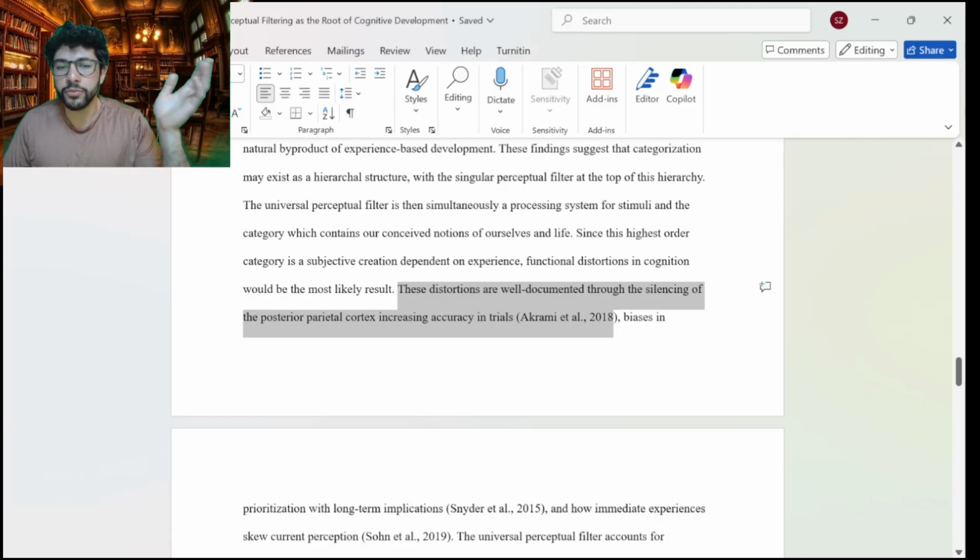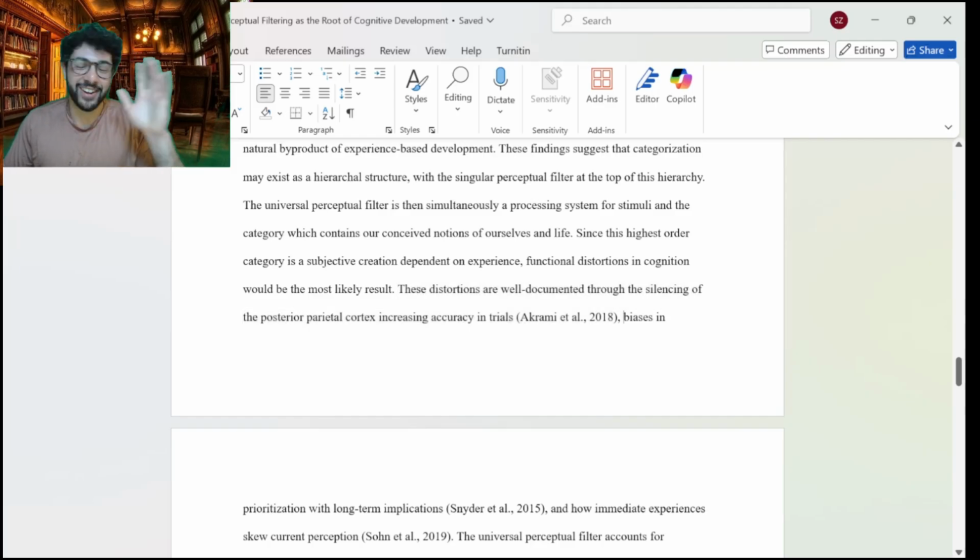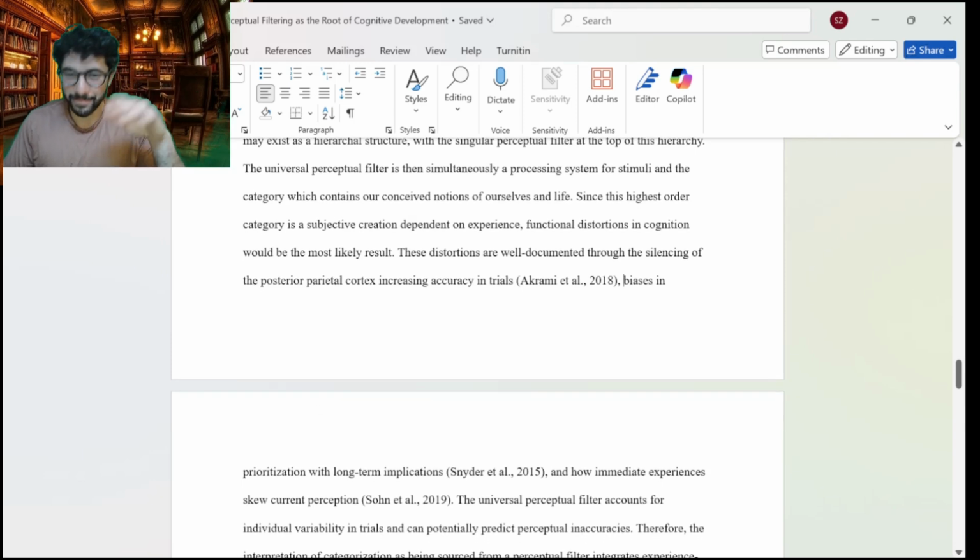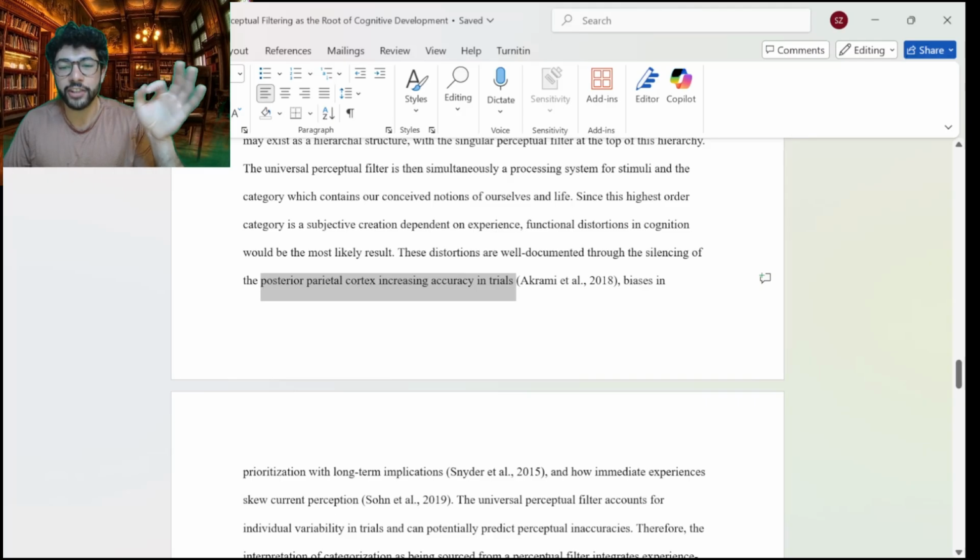They were rating it through movement and it was with mice. But go read the study if you want to look into it. Anyway, we're moving on. The point is that silencing it increased the accuracy in trials, because it reduced the biases to some extent.